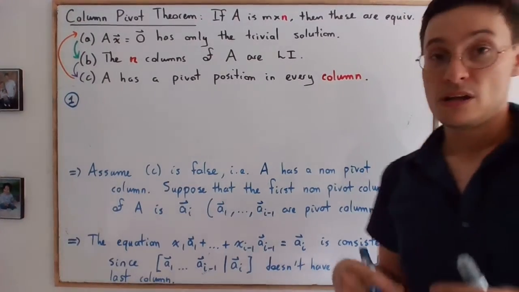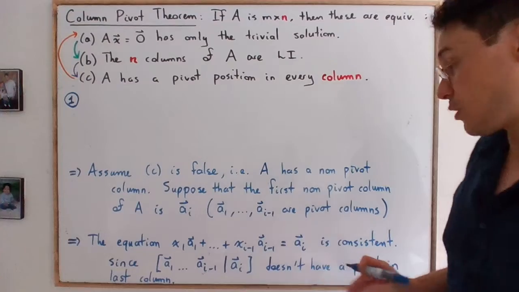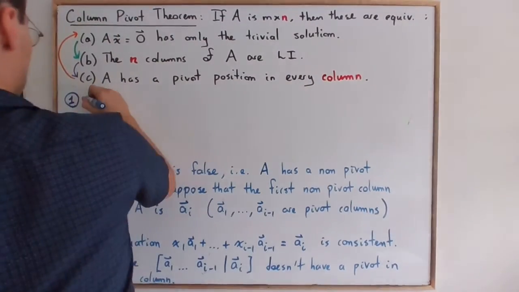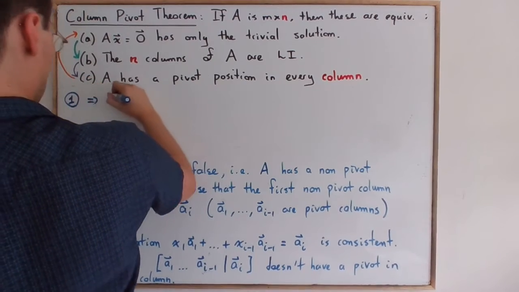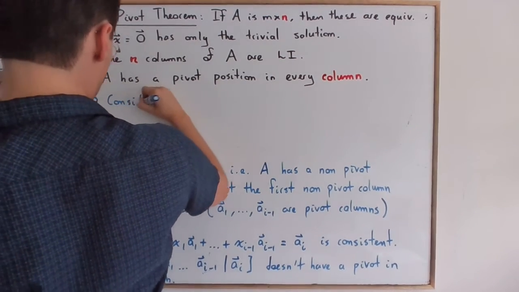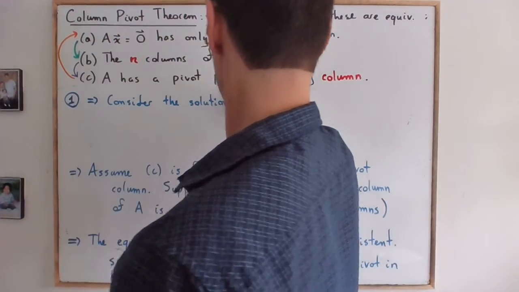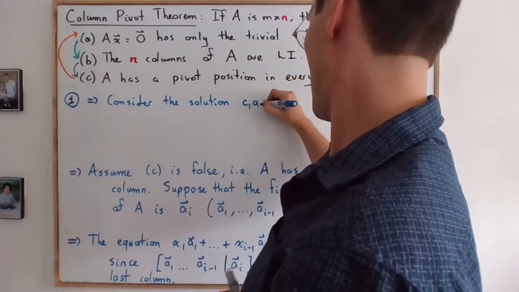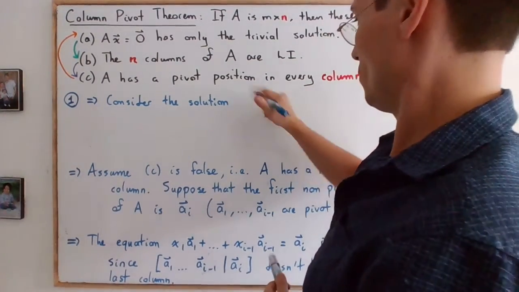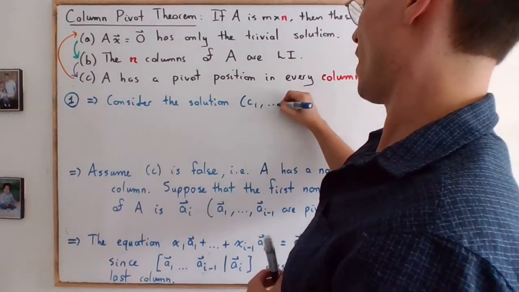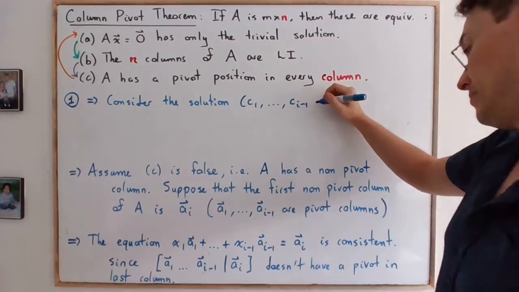Okay. So let's take a solution for this equation. Consider the solution C1 all the way up to Ci minus 1.